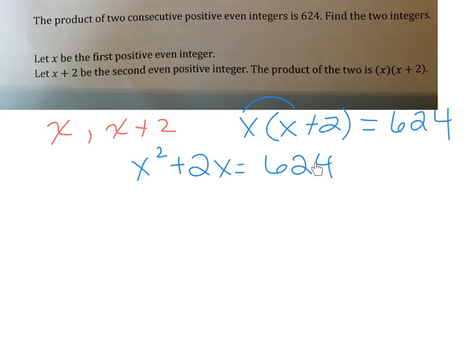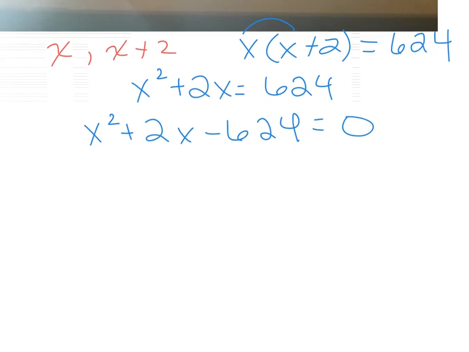So this 624 needs to go on this side so it can equal 0. So x squared plus 2x minus 624 equals 0. Turns out that this will factor, you guys, but we're going to use the quadratic formula because that's what the directions said. It would have been faster to factor it, but the directions say to use the quadratic formula.